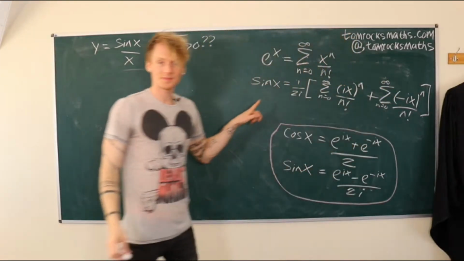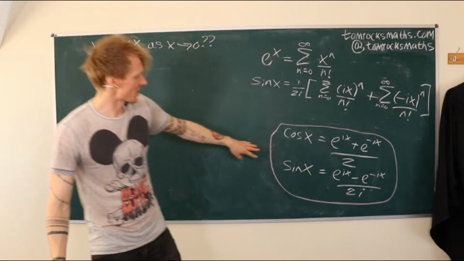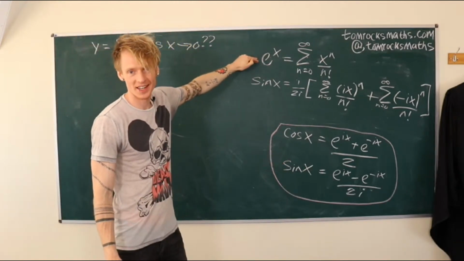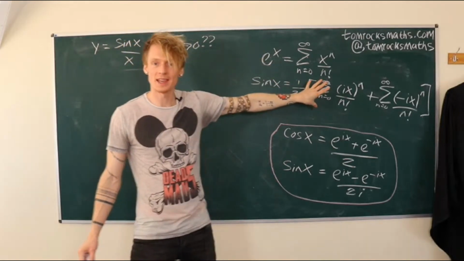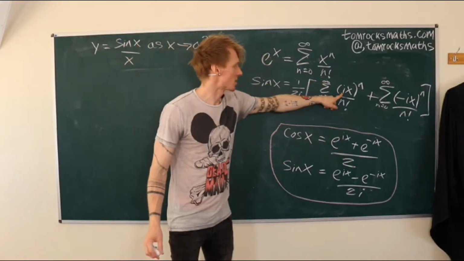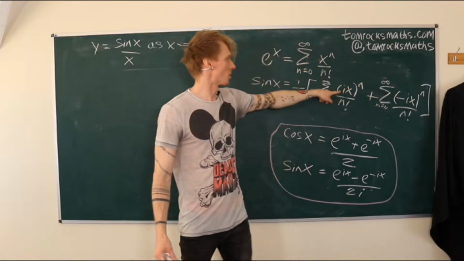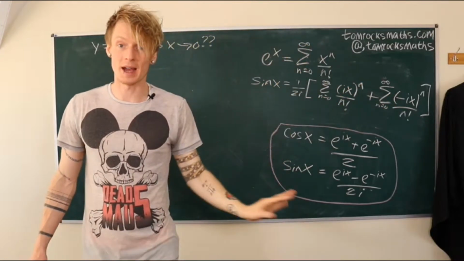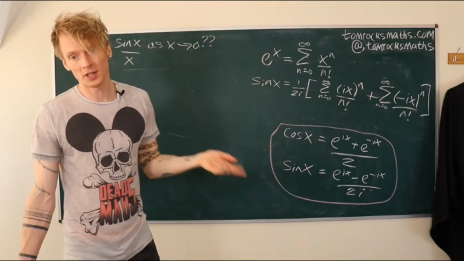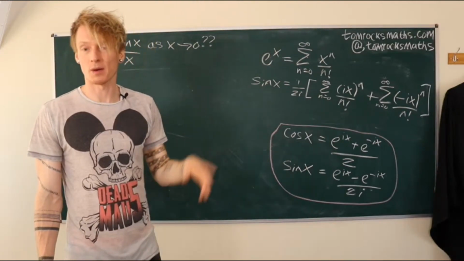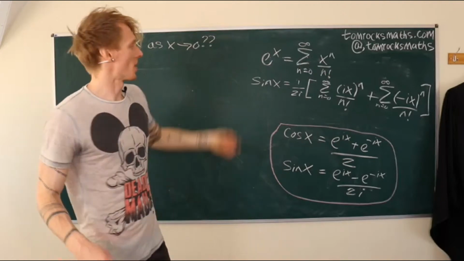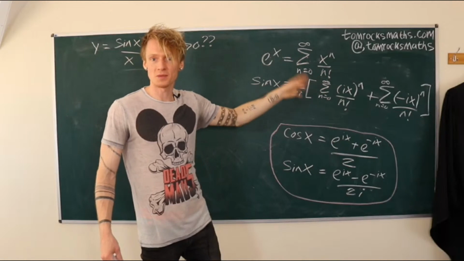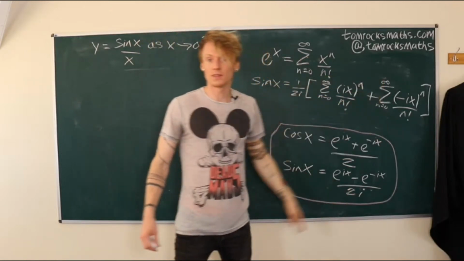But the important thing is, with this version of sine and our exponential power series combined in this way, you can actually expand out some of these brackets, because we know that i squared gives you minus 1, i to the power 4 gives you 1, i to the power 3 gives you minus i. So you get a repeating pattern of sometimes with i's, sometimes without, in all of these terms.